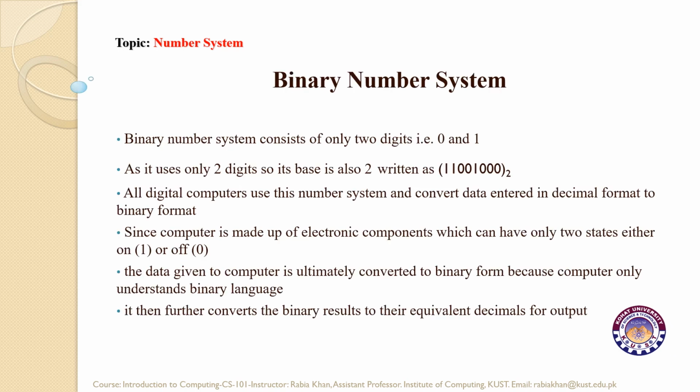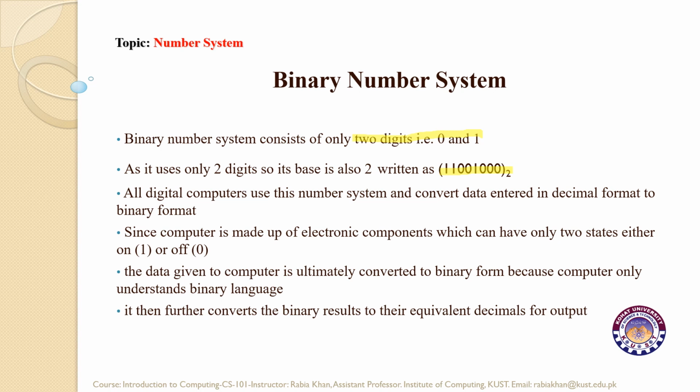As we discussed previously, binary number system, as the name shows, consists of only two digits, that is 0 and 1. These zeros and ones are written with base 2.